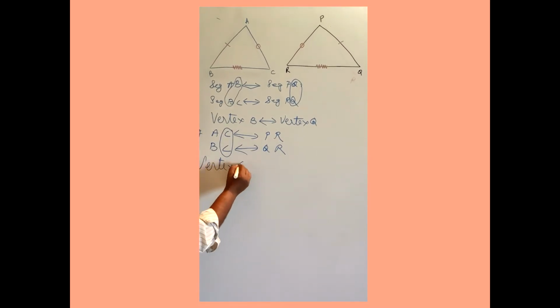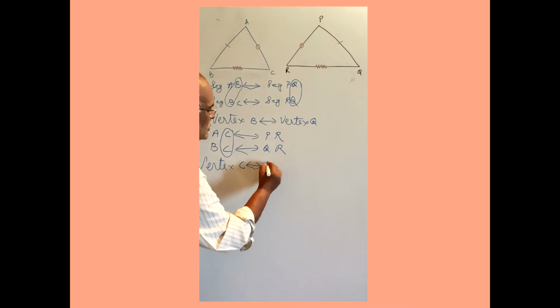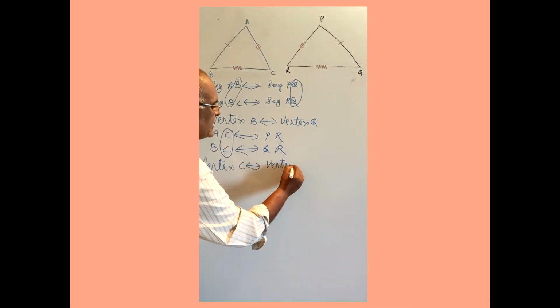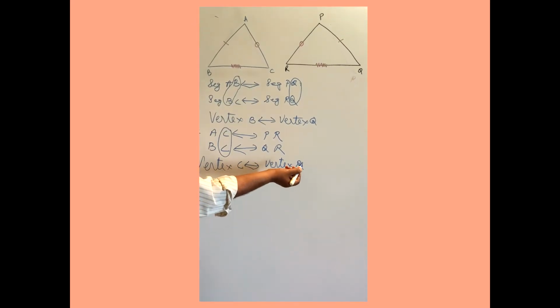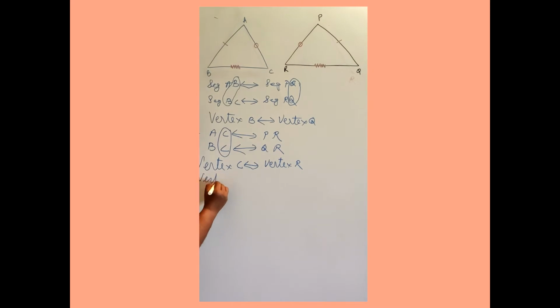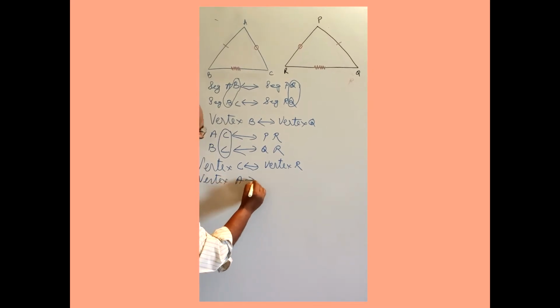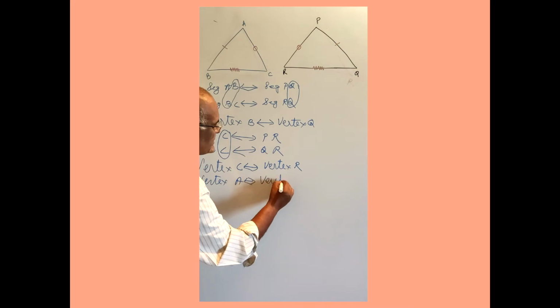Vertex C corresponds to vertex R. Then let us see which is the third one remaining. B got over, C got over. So A will correspond to the other one. What is left out? P. So vertex A corresponds to vertex P.